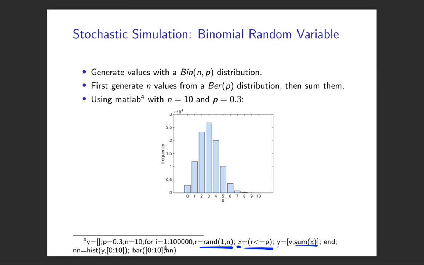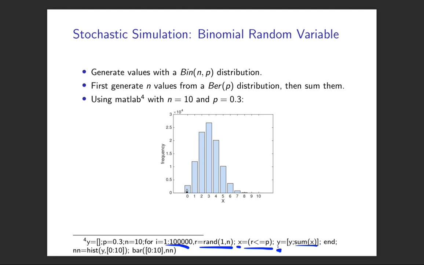Then we repeat that 100,000 times to get 100,000 examples of this binomial random variable, and plot the distribution, the frequency. Here are the different values. You can take a value between 0 and 10 because we're adding up 10 Bernoulli random variables. That's the only possible range. Here's the measured frequency.